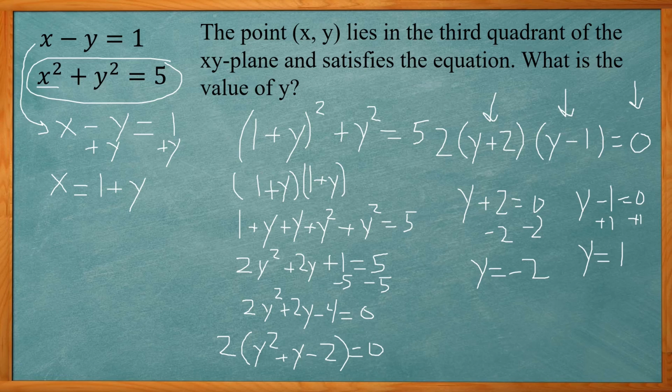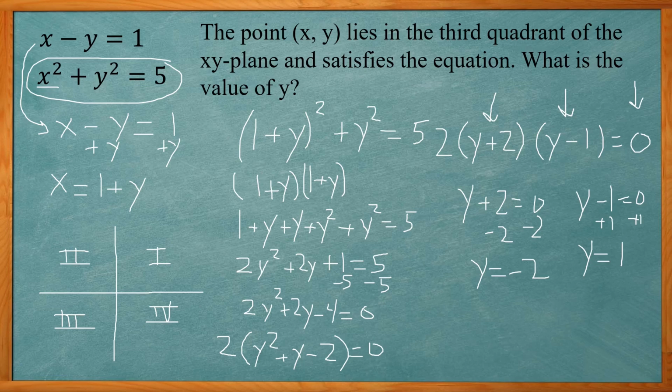Now here they wanted to know the point that lies in the third quadrant. So I've got my coordinate system here. The first quadrant is here, second one here, third one here, and then the fourth quadrant. So I look at my y values.